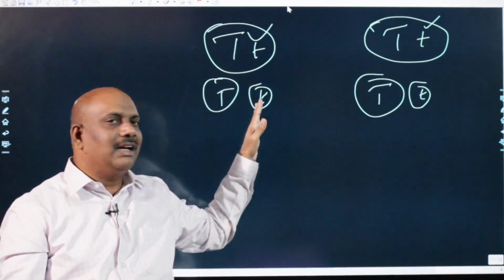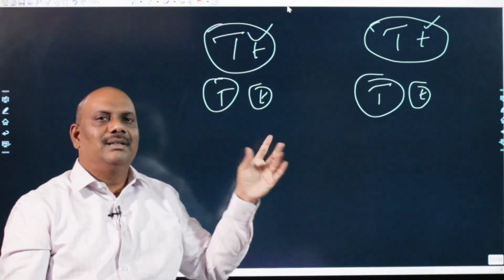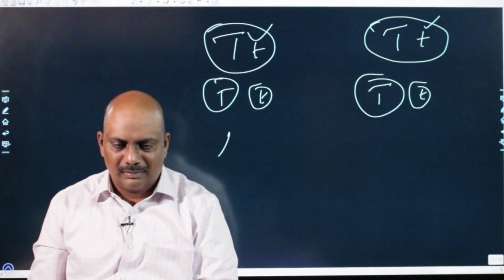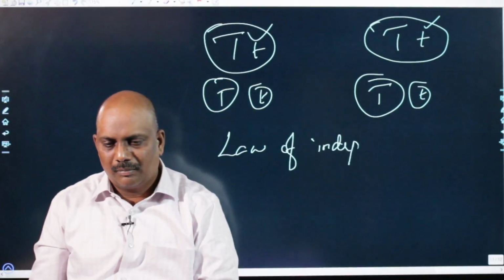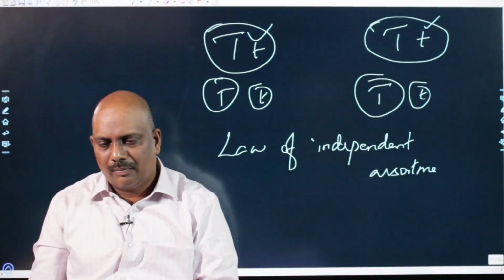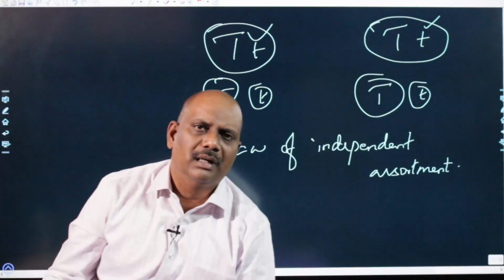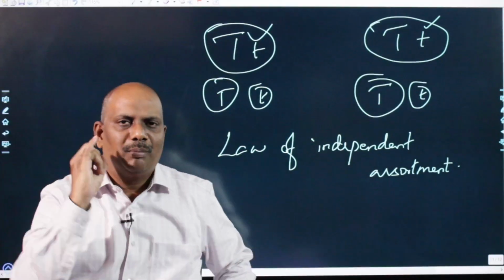And when it segregates, it has its own character which it will express. This is called the law of independent assortment.